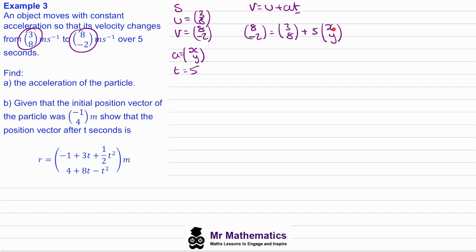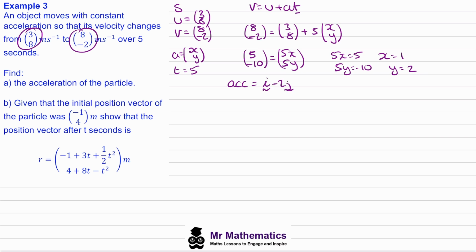So now to solve x and y, we can move the (3, 8) to the left-hand side, so we get (5, -10), and this will equal 5x and 5y. So 5x must equal 5, so x will equal 1, and 5y will equal -10, so y will equal -2. So we know the acceleration will be i - 2j meters per second squared, okay?